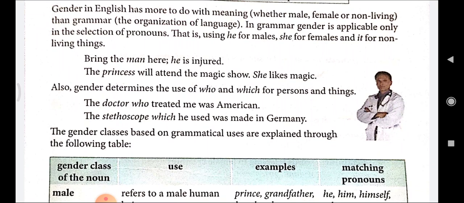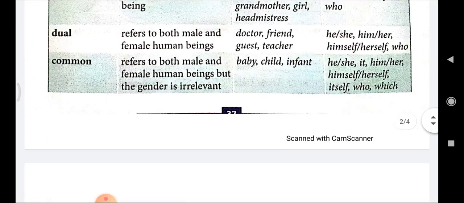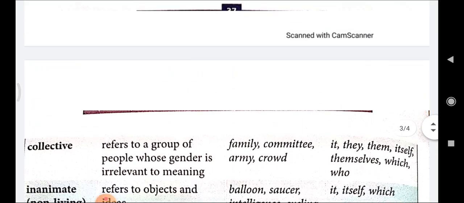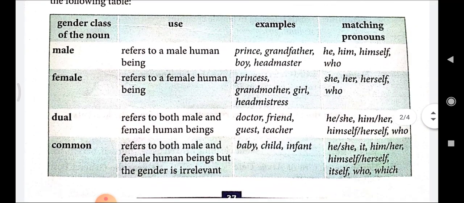Gender is basically divided into 6 parts. The first one is male, second is female, third is dual, fourth is common, fifth is collective, and sixth is inanimate. Male refers to the male human beings.